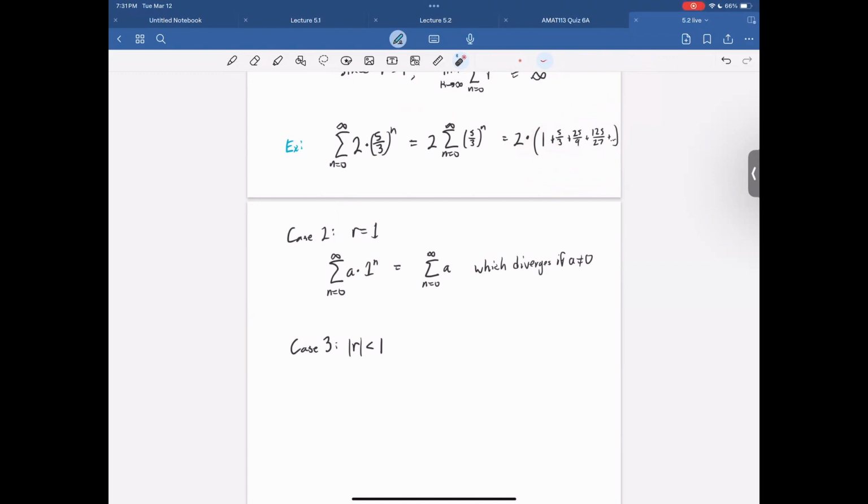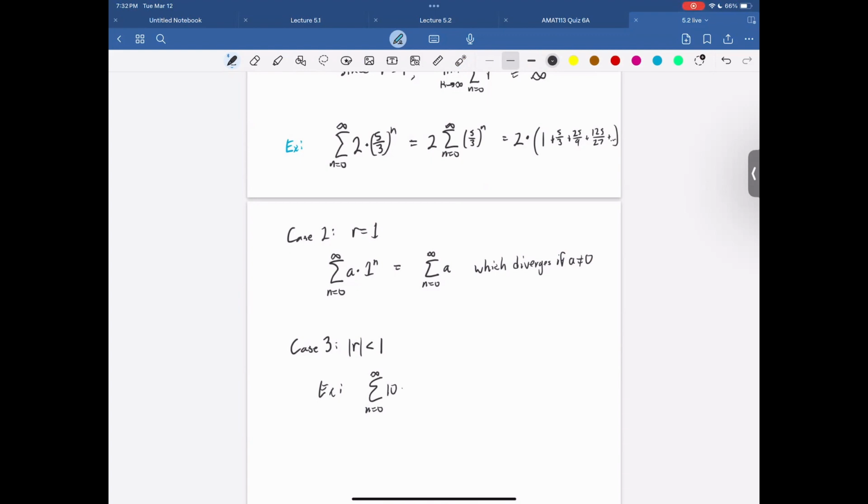But if the absolute value of r is less than 1, then it's going to wind up shrinking as n grows. And so I'll give you a quick example of that.